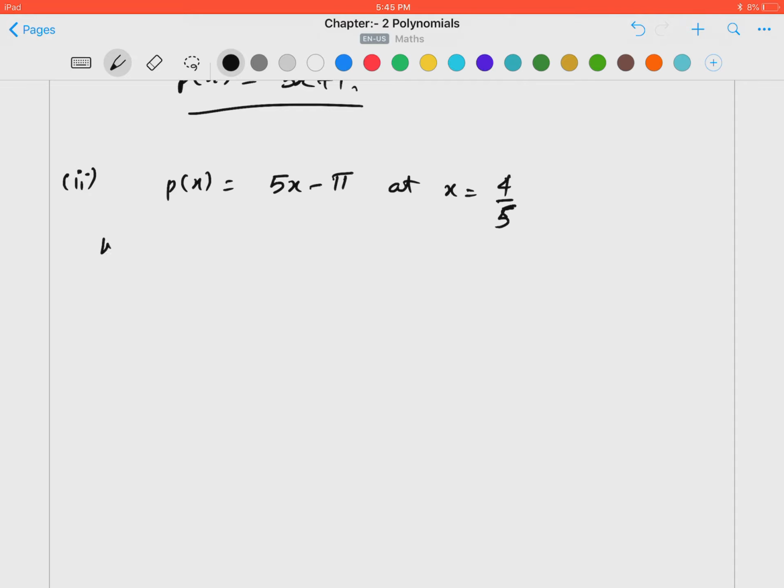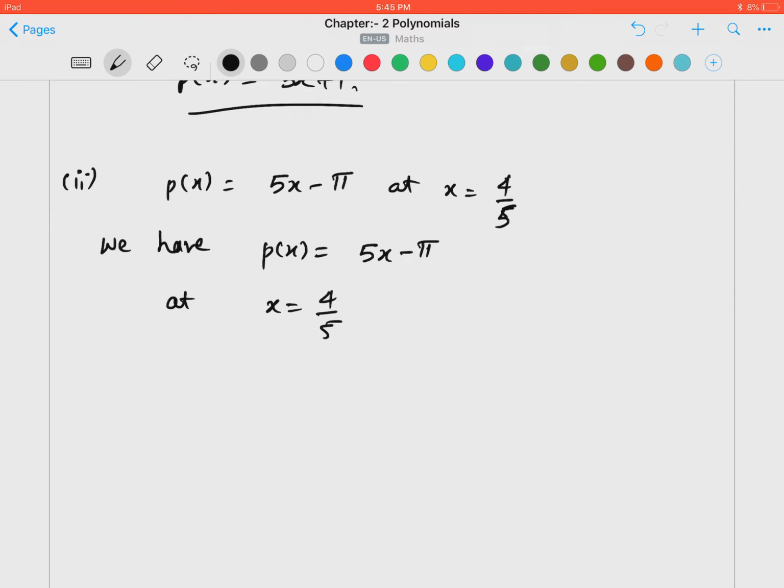So I'll write its solution first. We have px equals to 5x minus pi, and we have to find its value at x equals to 4 by 5.